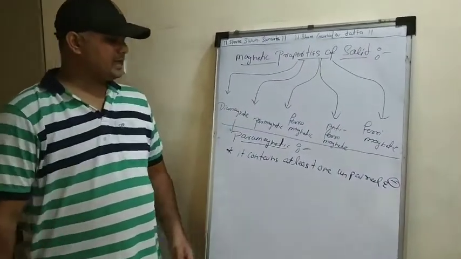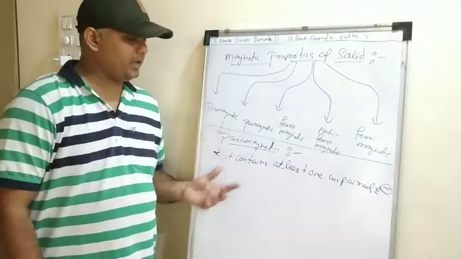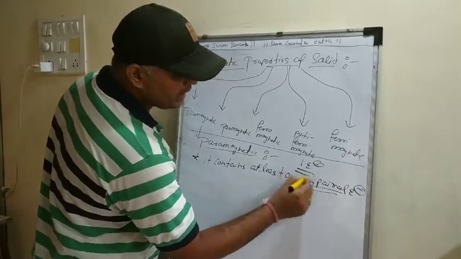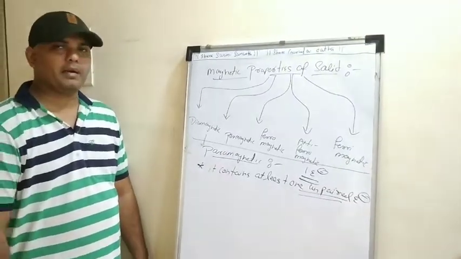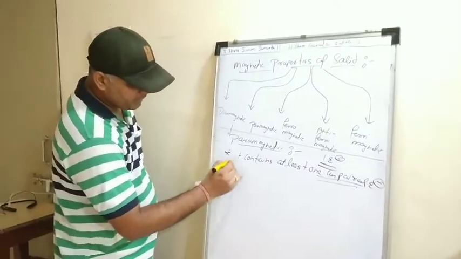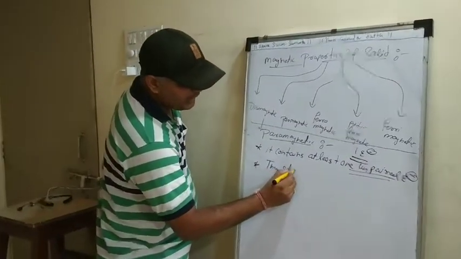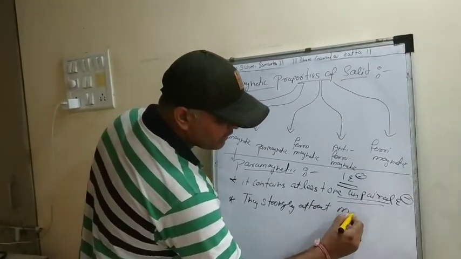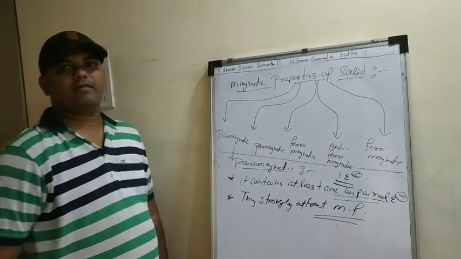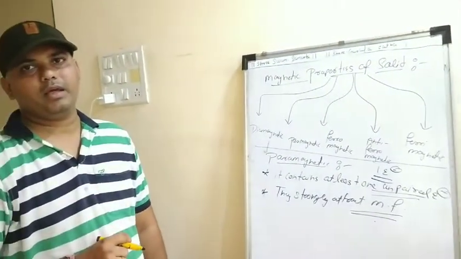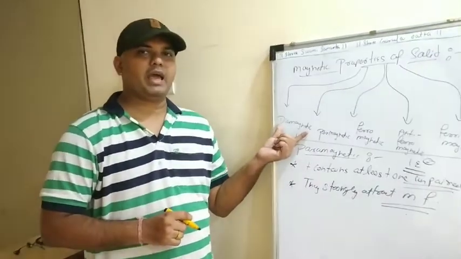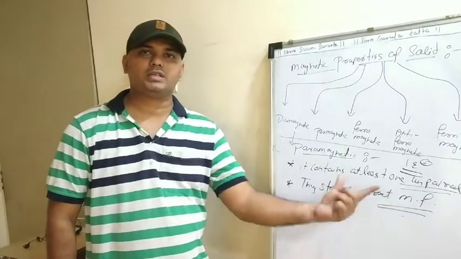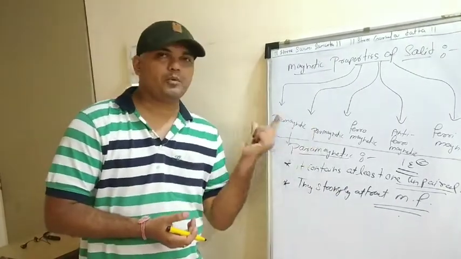This is the type of magnetic material in which there is at least one unpaired electron present. Then they are said to be the paramagnetics. They strongly attract the magnetic field. If we look at the diamagnetic, they have a strong repulsion, but the paramagnetic have a very, very strong attraction for the magnetic field. So both are opposite in nature.